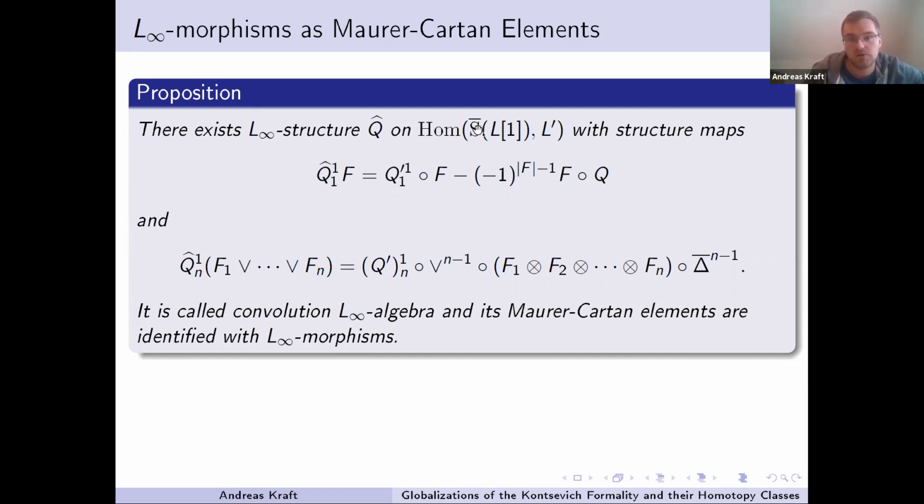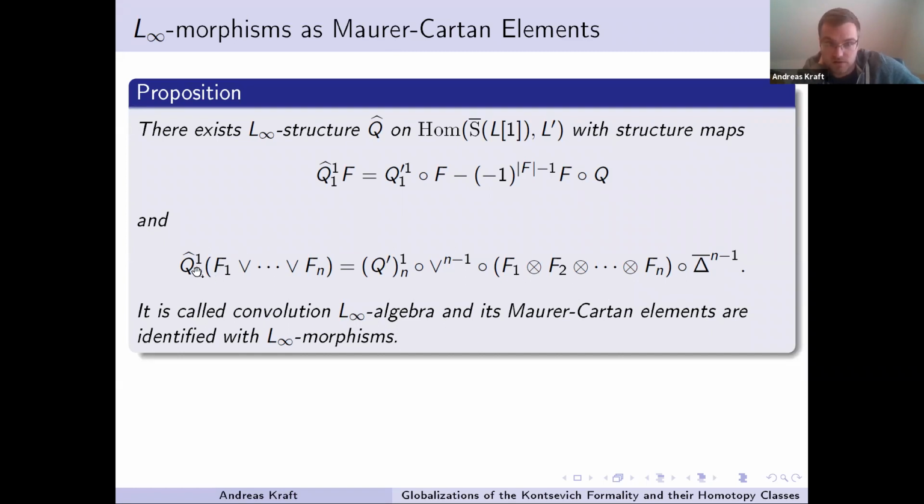So we only have to give the structure maps of the codifferential. The first structure map, the 1,1, is just pre and post composition of the map with the differentials on these spaces, like you would do for maps between cochain complexes, with some sign in between.